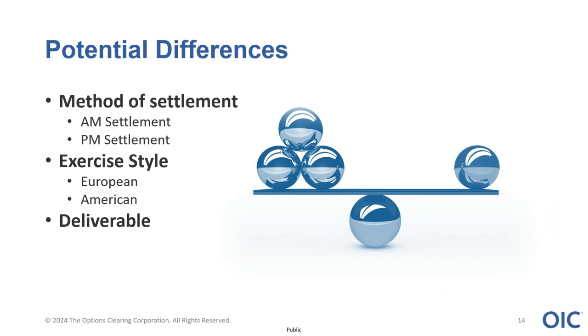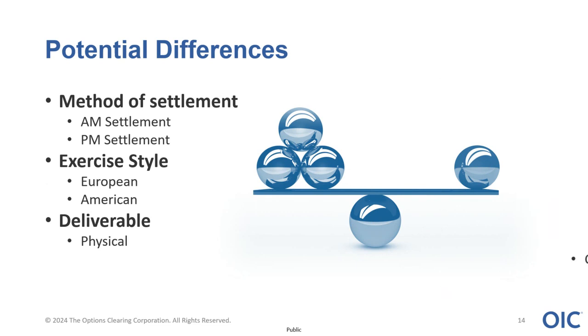That's why you get things like early exercise premium built into equity options and places where there are American style potential early exercise risks. American style options can be exercised at any point during their life cycle. European options can only be exercised at expiration.